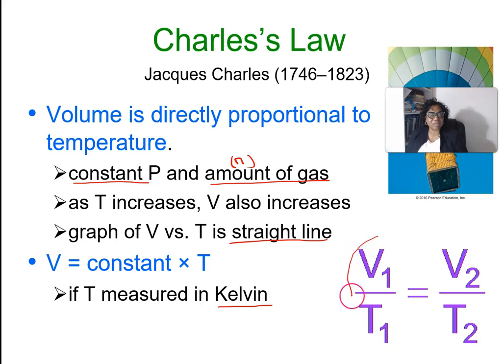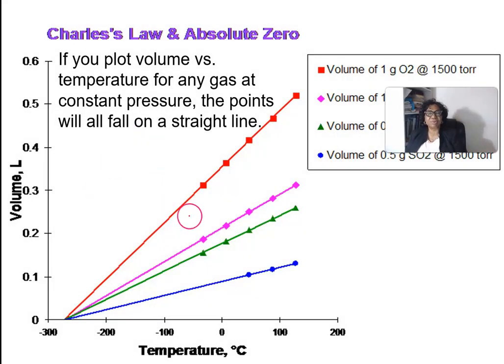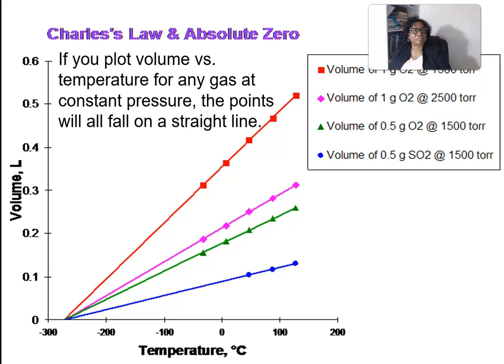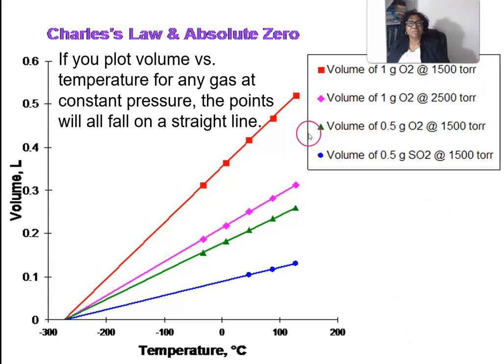So this is our Charles' law equation. We can see the graphs of different gases. So if we plot different gases, this is the same gas, oxygen, but under different pressures.